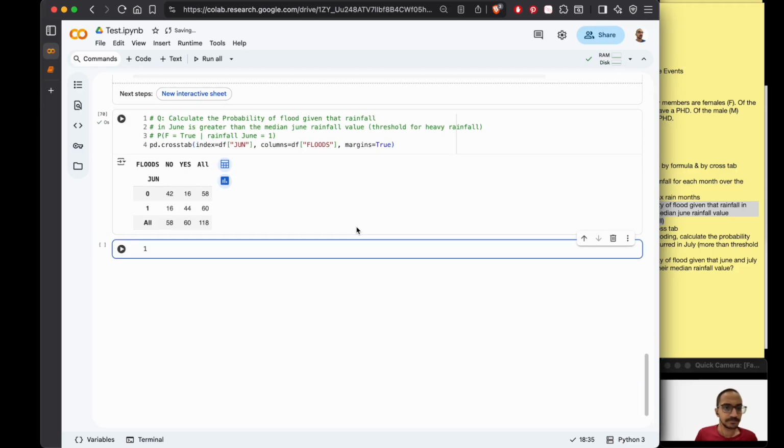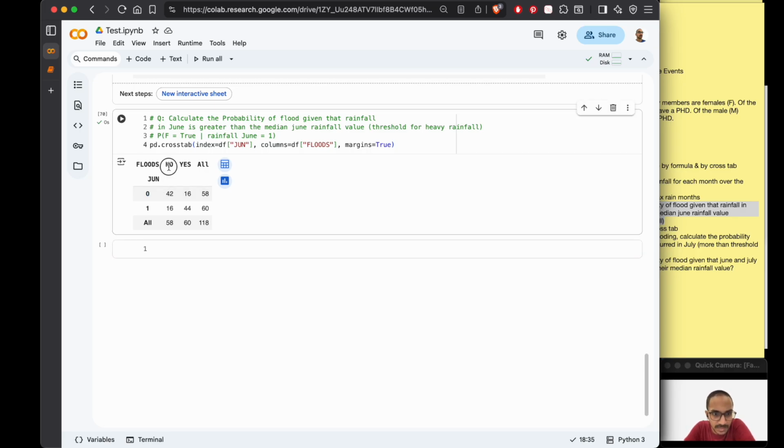Okay, so you see these crosstab values are raw values. These are the counts of values where you will see that June month is 0 and the flood values are 42 of them. These are the count of rows where these two conditions are satisfied.